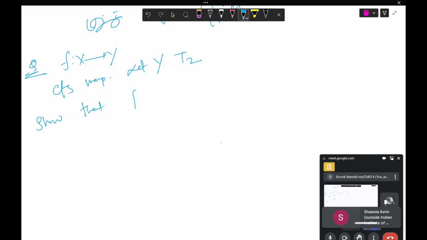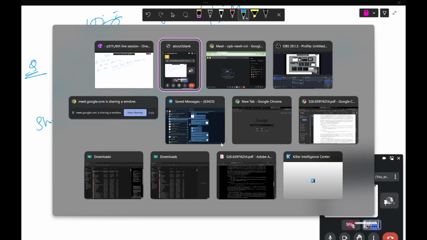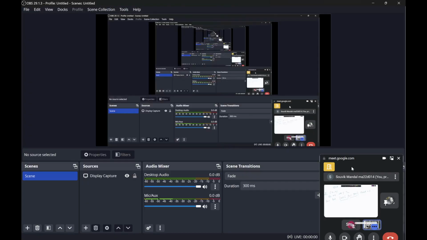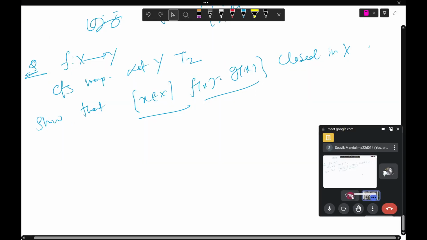Show that the set of all x belonging to X such that f(x) equals g(x) is closed in X. The question is that if f and g are continuous maps and Y is Hausdorff, show that the set S = {x : f(x) = g(x)} is closed in X. This is what you need to show. It is a very easy problem, but think about it if you don't know already.